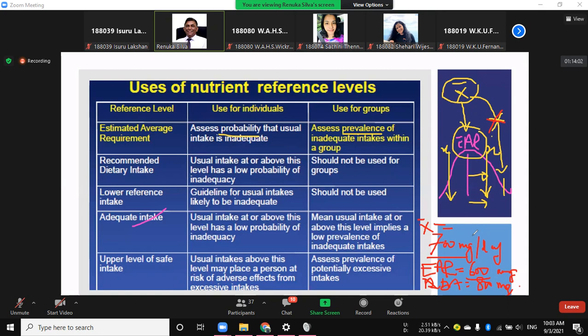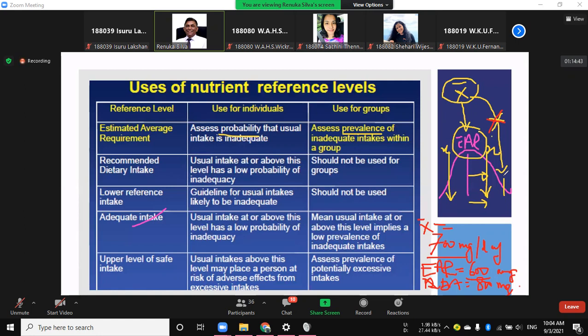Recommended dietary intake, RDA or RNI, should not be used for groups. That's what I said. These values, calculated for the group, should not be compared with RDA. Right? For example, I do a survey with 300 school children in Pannal area and estimate the calcium intake, and their calcium intake is 400 milligrams per day.